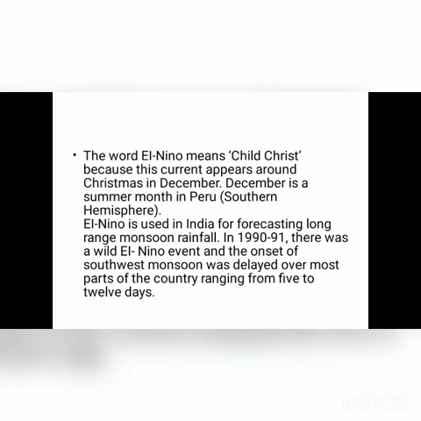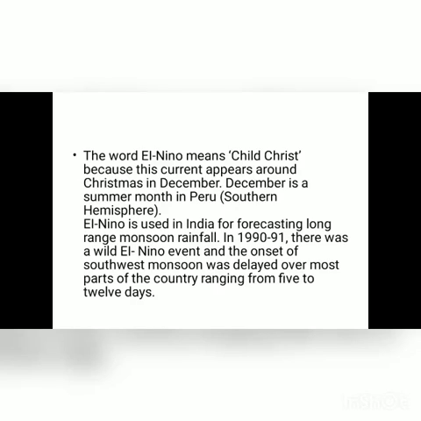The word El Nino means child Christ, because this current appears around Christmas in December. December is a summer month in Peru, southern hemisphere. El Nino is used in India for forecasting long-range monsoon rainfall.